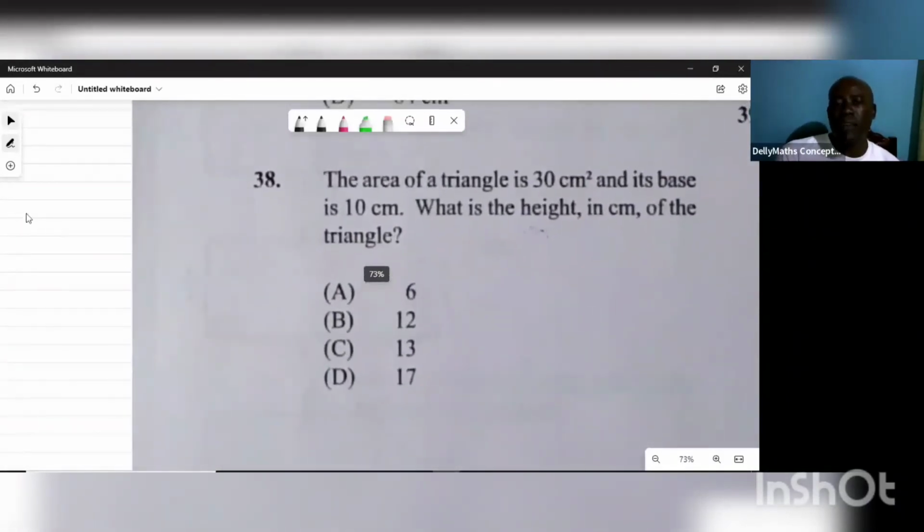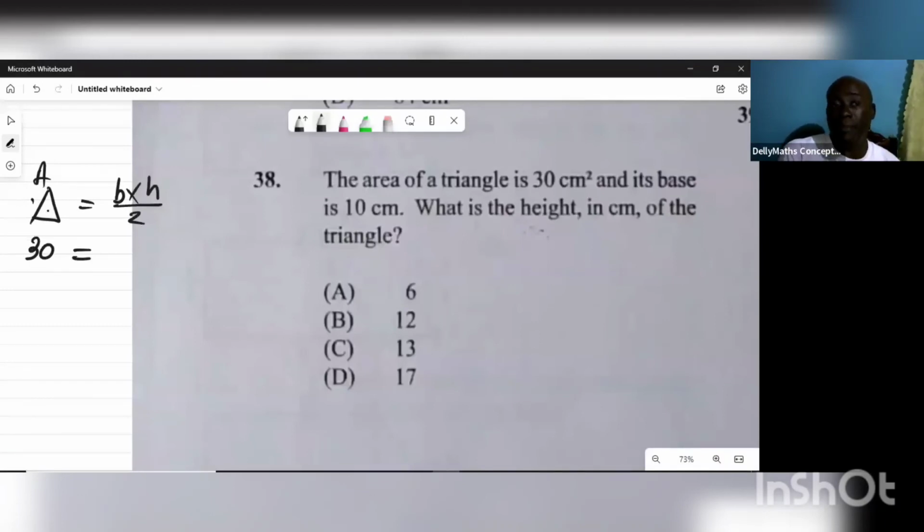The area of a triangle is base times height over 2. Now we're told that the area is 30, and this is equal to base times height over 2, and they tell us that the base is 10. So it's like 10h over 2.